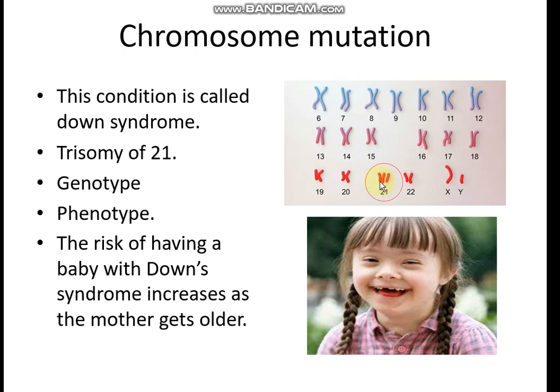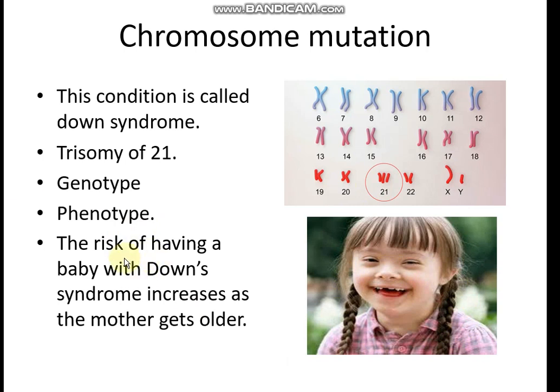Why? Because chromosome 21 fails to separate at the time of cell division. As there are 3 copies of chromosome number 21, this condition is also called trisomy 21. This is how the genotype is, and what is the phenotype? The person looks like this.